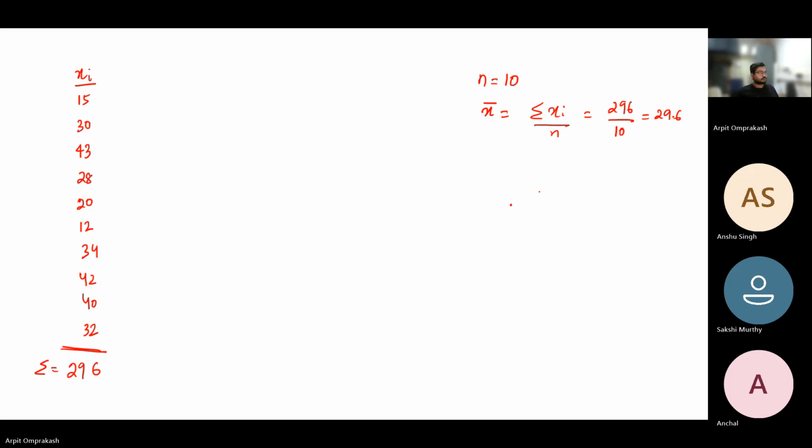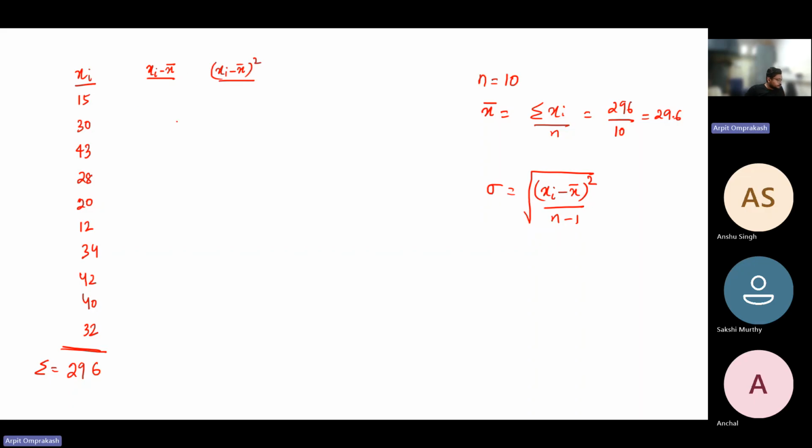Next, since we are calculating the standard deviation, we'll also write the formula for that here. Standard deviation is the square root of the sum of xi minus x bar, whole squared, divided by n minus 1. So what we need to calculate next is xi minus x bar, and then xi minus x bar squared. We'll square these numbers.